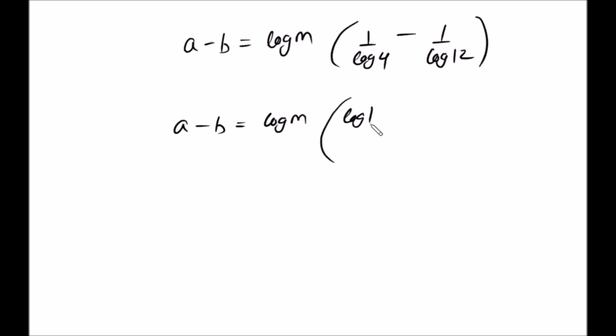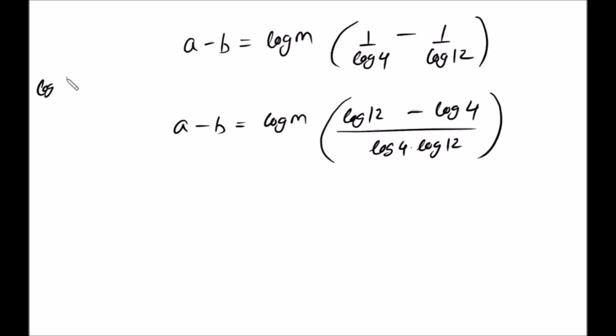So a minus b sasa itakuwa sasa na log m. So you're gonna have log of 12, I mean huku chini tutafuta LCM ambayo ni log of 4 times log of 12. So huku juu nitabaki na log of 12 minus log of 4. So tulisema ukichukua log x minus log y, hii sasa na nini? Log of x divided by y. Kwenye tutorial iliyopita ile proofs of laws of logarithms.